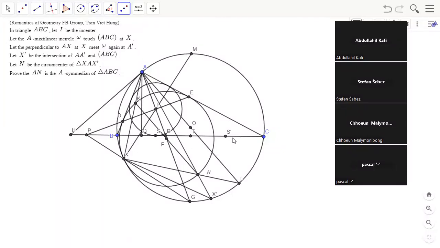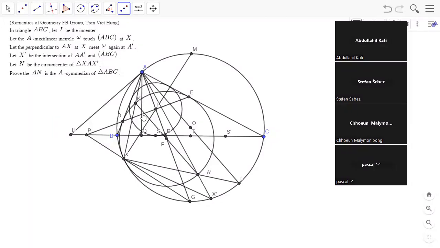X prime is the only point which is not ideal, but we can work with it since we have a harmonic bundle. And the last one is H. H goes to the point on the circle which makes a trapezoid.